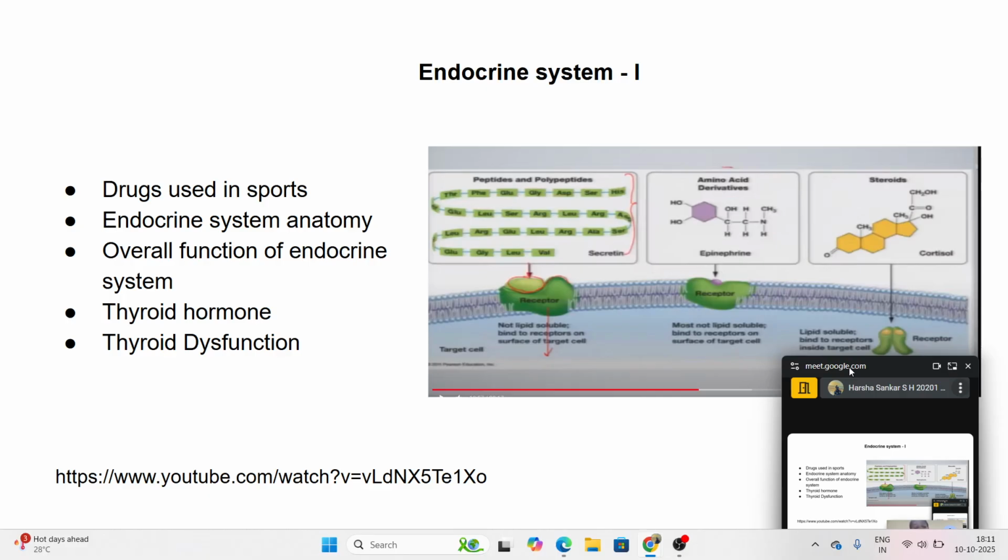And we not only have one or two glands, we have different types of endocrine glands, and sir showed us a picture of the different endocrine glands present in our body, starting with the hypothalamus, pituitary, thyroid, pineal gland, then adrenal gland.